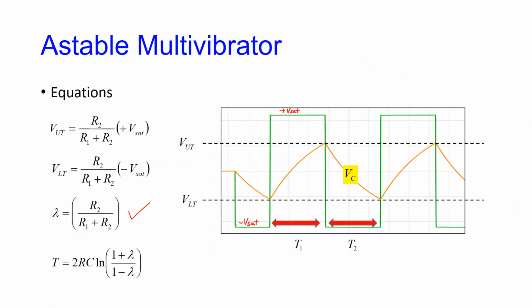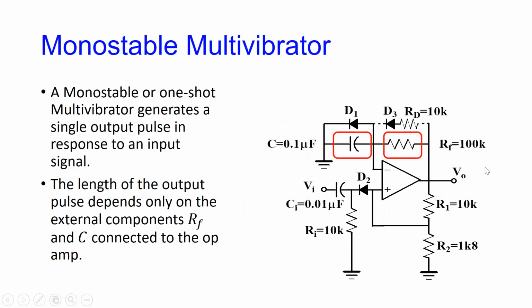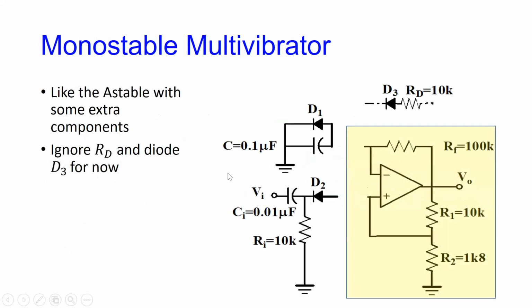So it stays at some kind of state until I now tell it to do something, and then it will go up and charge, and then come back down and rest again. And that's where the two capacitors come in. This one is to do the triggering to make it start, and then this one is to do the timing together with this to see how long it would stay. All right.